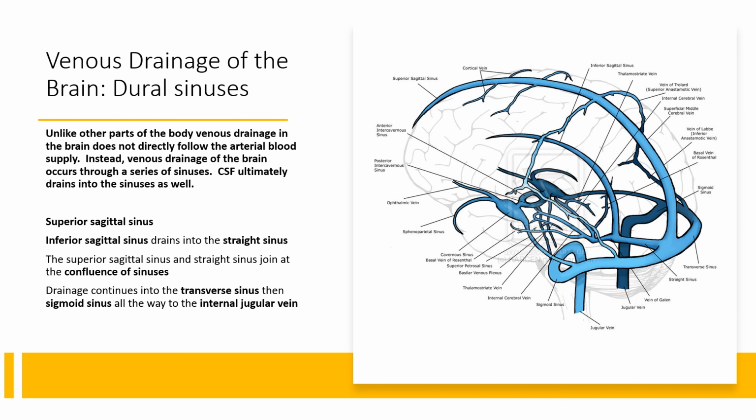The main purpose of the internal jugular vein is to drain blood from the brain. So if your internal carotid has the main job of supplying blood to the brain, then the internal jugular would be the venous counterpart, draining blood from the brain.